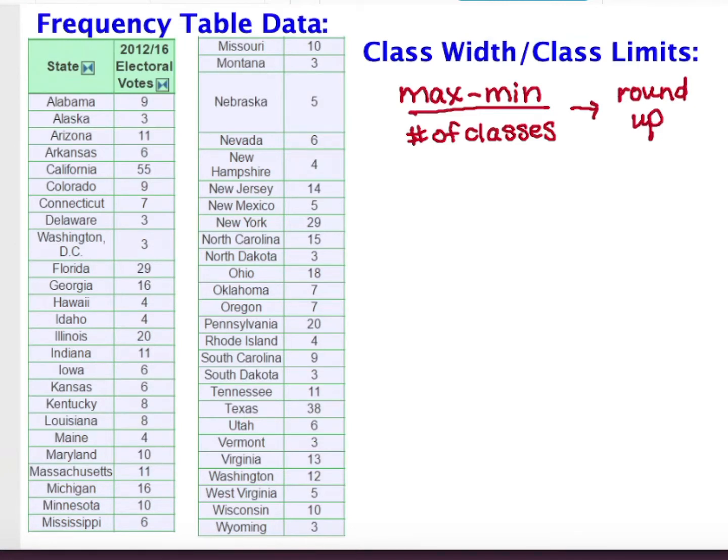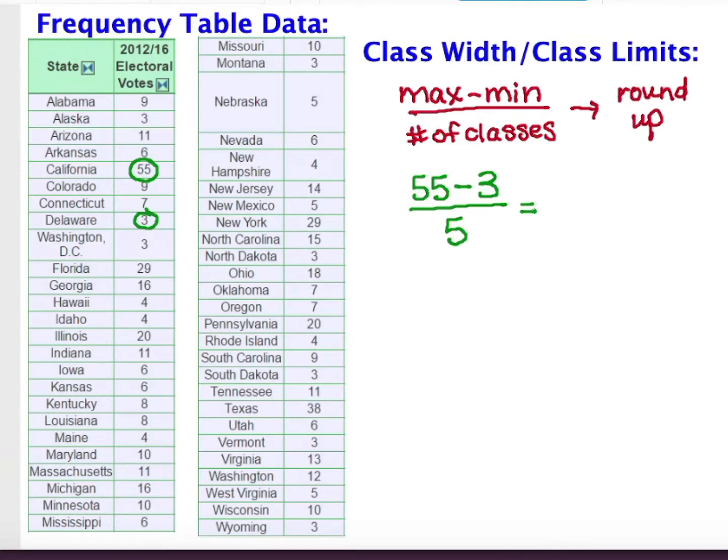So let's do this one as an example. What is the maximum number of electoral votes? We've got California at 55, and the lowest is 3, right? We have a lot of states with 3. So we're going to take 55 minus 3. And I've already decided from that table that I'm planning to split into 5 classes.